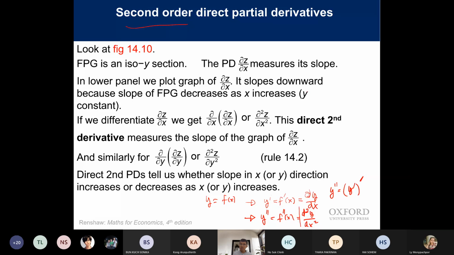The first derivative is d over dx applied to y, like an operator that applies some action on y, and the result is the derivative. Likewise, to differentiate one more time, you apply this operator one more time.